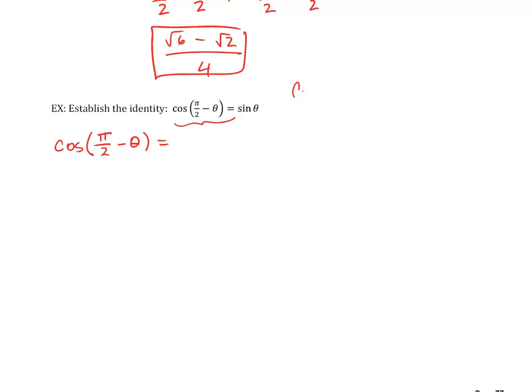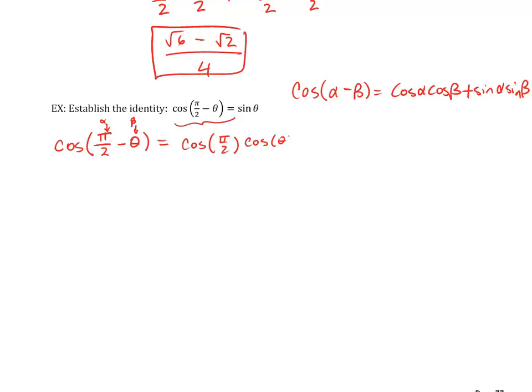Well, clearly we can use cosine of alpha minus beta is cosine alpha cosine beta plus sine alpha sine beta. In this case, alpha is pi over 2 and beta is theta. So we have cosine of pi over 2 cosine of theta plus sine of pi over 2 sine of theta.